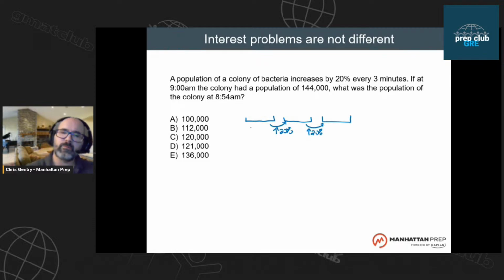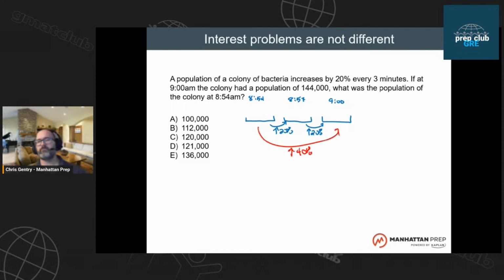And we are going from 8:54 a.m. to 8:57 to 9 a.m. So, by law, adding and subtracting percentages. So I look at this and I go, okay, so I have two 20% increases. So I can say, fair enough, this is a 40% increase.